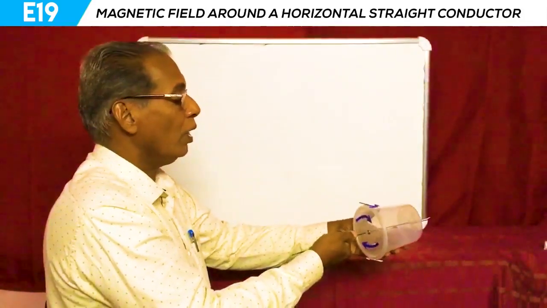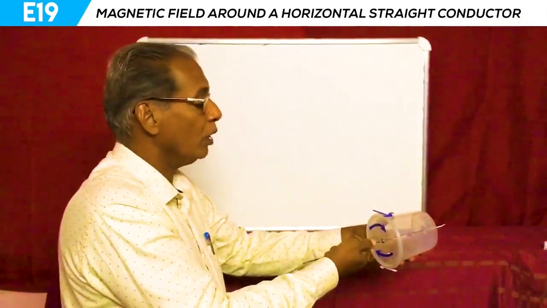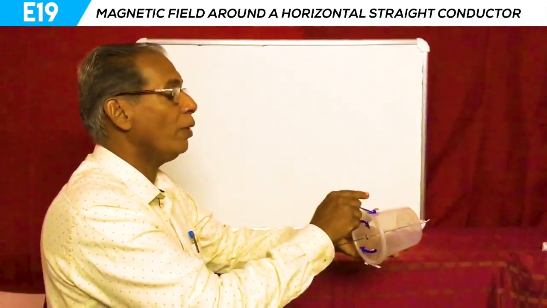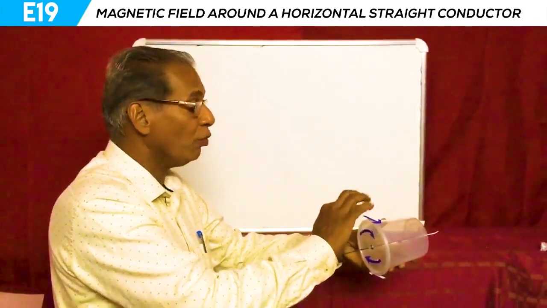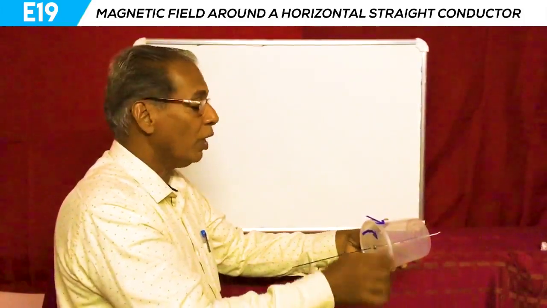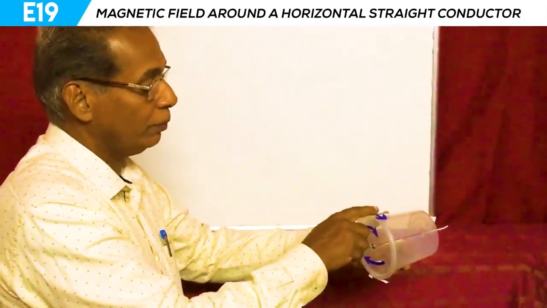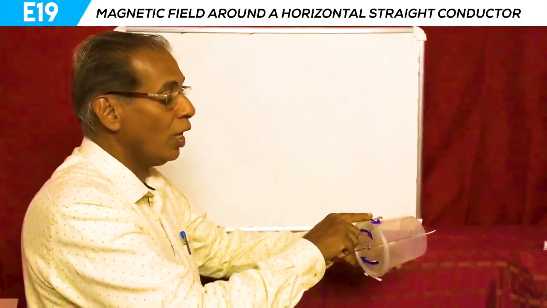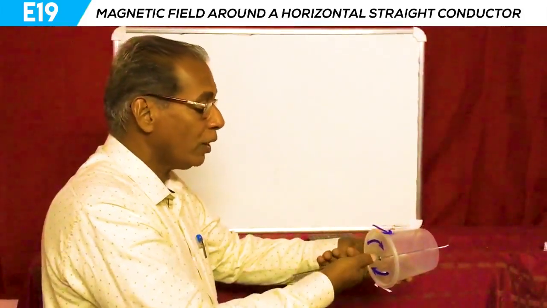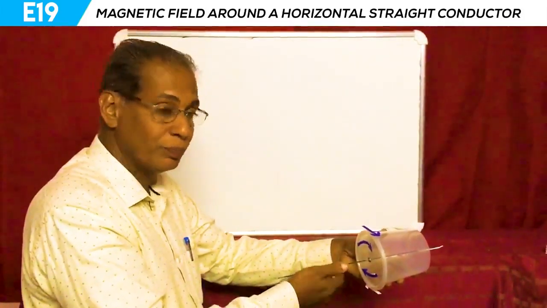Now, at any point, suppose we have a magnetic north pole somewhere around the conductor. If north pole is here at the top, that is above the conductor, this north pole is repelled by the magnetic field.